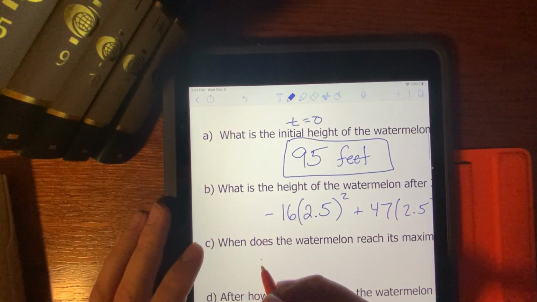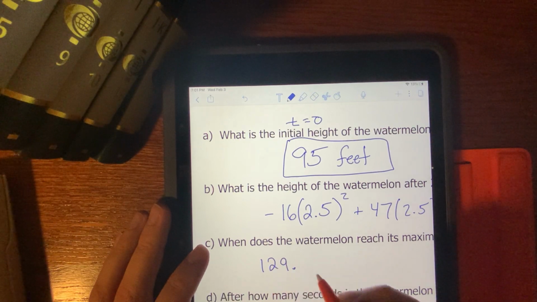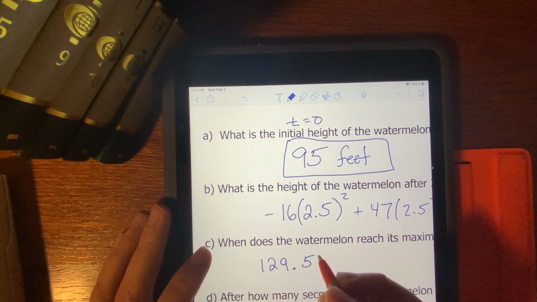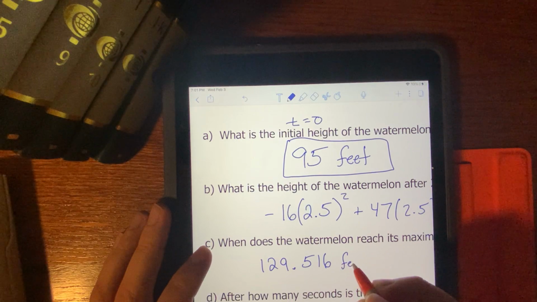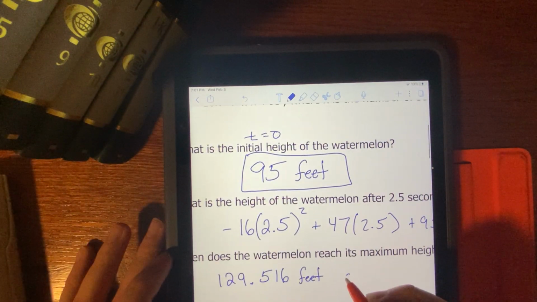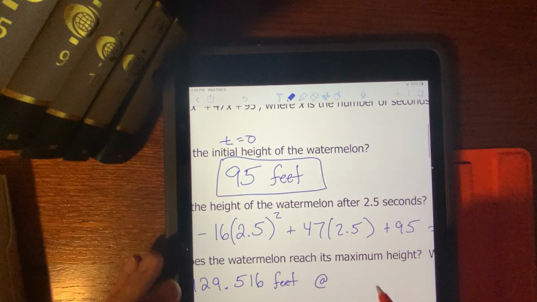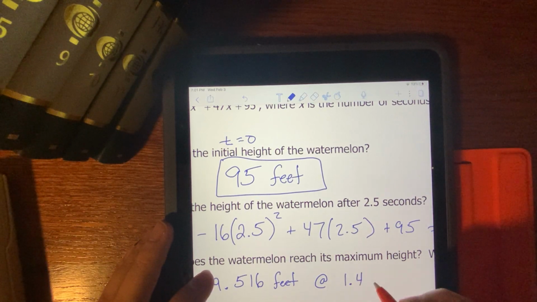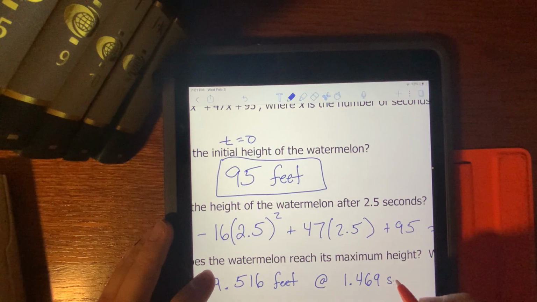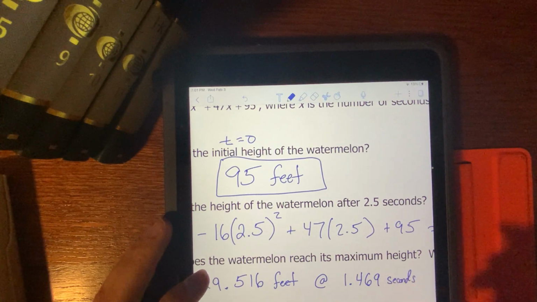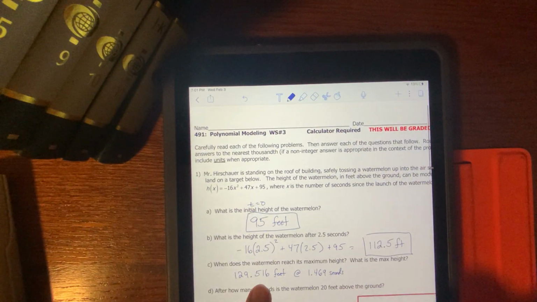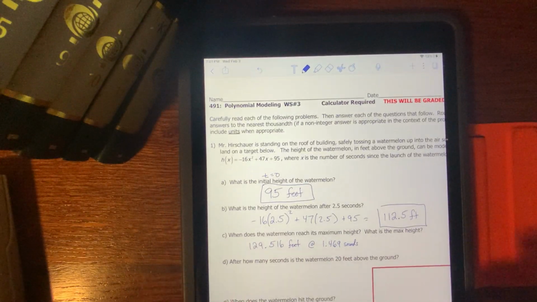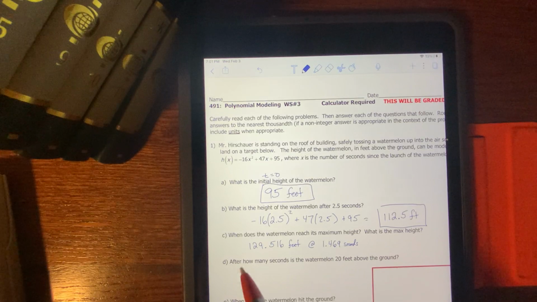So this is going to be 129.516 feet. And that occurs at 1.469 seconds. This was your y coordinate. This was your x coordinate. So we need both of those.